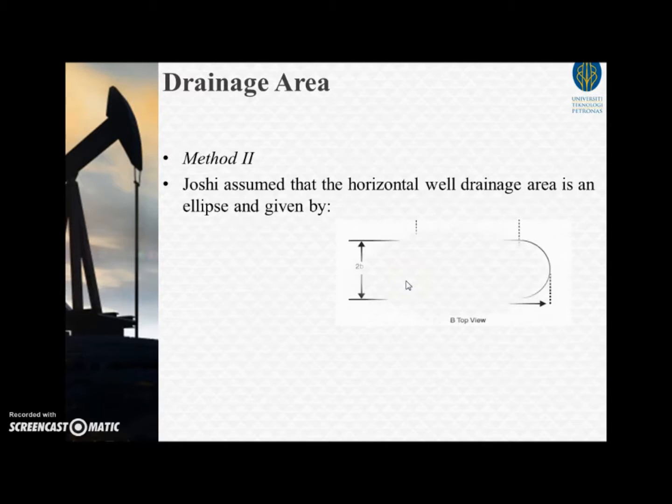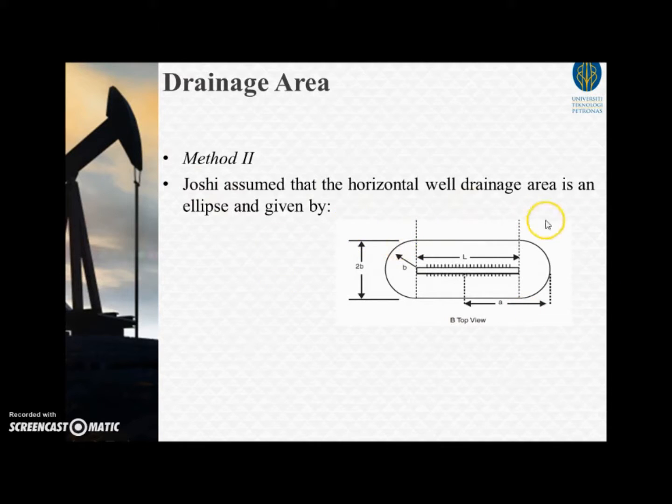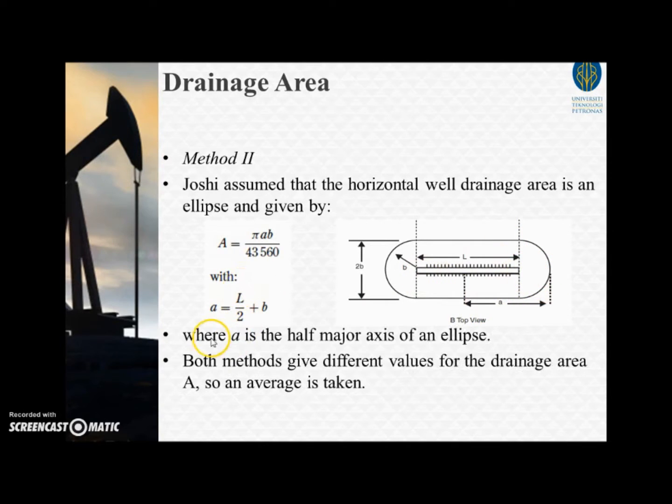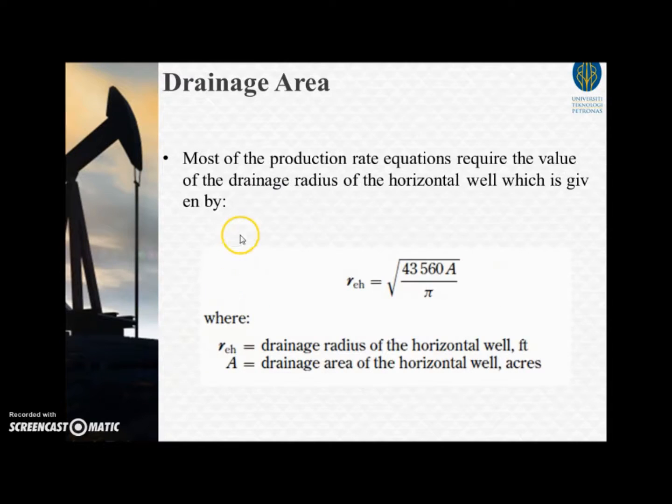In the second method, Joshi assumed that the drainage area is represented by an ellipse, given by A equals pi times a times b, where a equals L over 2 plus b, where a is our major axis.